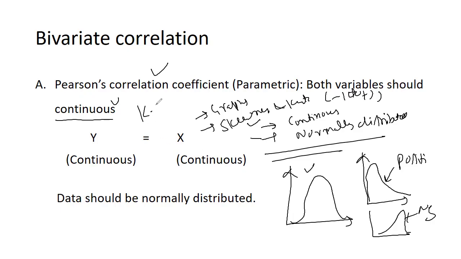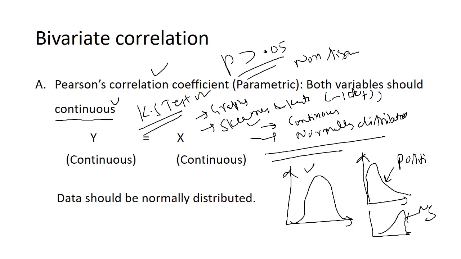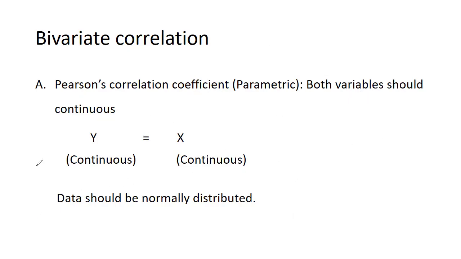Third is the KS test or Shapiro test. Here the p value should be greater than 0.05, meaning non-significant. If the p value is non-significant, then our data is normally distributed. So before applying the Pearson correlation coefficient, we should check whether both the assumptions are fulfilled or not.